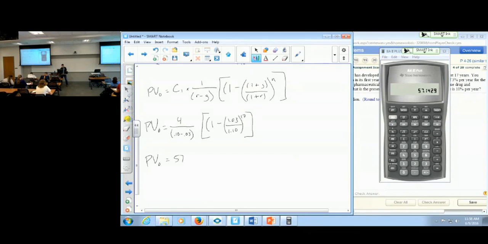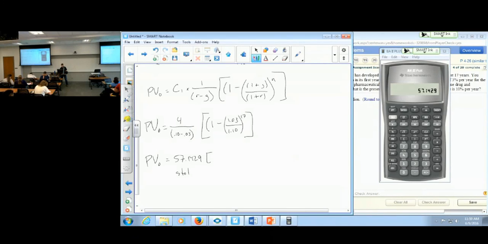That is 57.1429. Remember, that's in millions, so the stuff to the right of that decimal is significant. We don't want to lose it. Store that on the 1 key.